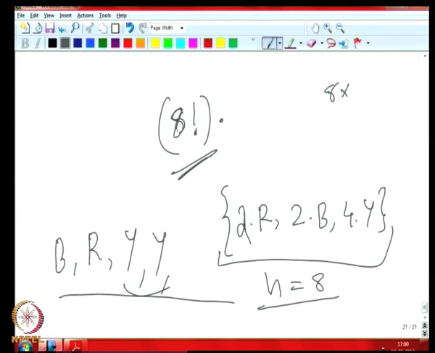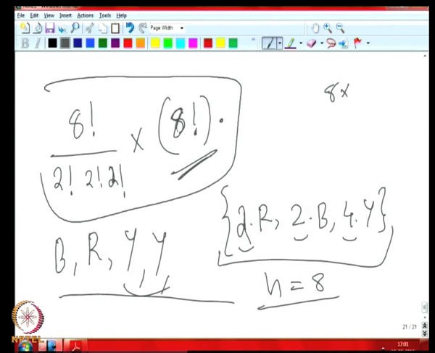And we know how many ways we can do that: 8 factorial, because n equals 8 and n1 equals 2, n2 equals 2 and n3 equals 4, divided by 2 factorial into 2 factorial into 2 factorial. We have to multiply this with this, because basically we have 8 factorial placements. When we forget about the colors, we have 8 factorial permutations.